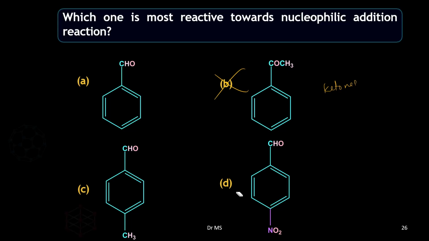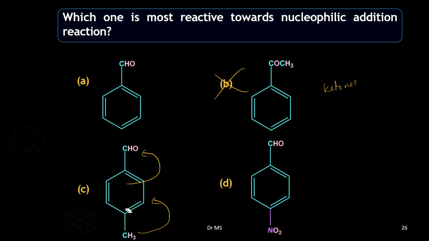See here, what is this group? This is an alkyl group, yes or no? That alkyl group will contribute more electrons to the resonance, and that also contributes more electrons to the carbon. So the positivity over the carbon decreases because this is a bulkier group. It can donate the electrons. And here the methyl group is also giving the electrons instead of taking.